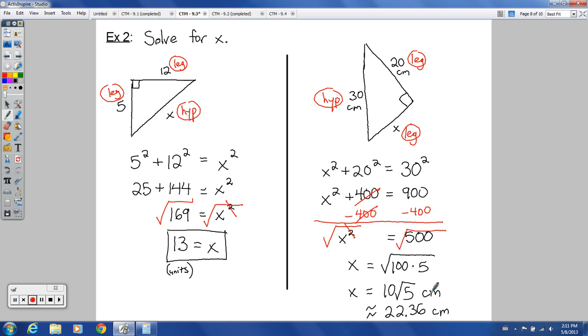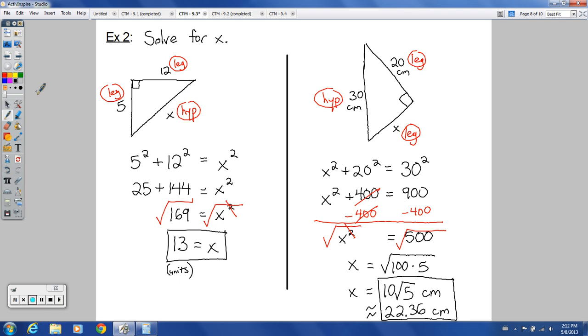So exact answer, approximate answer. Again, it depends on what they ask for. If it says you can approximate, or it doesn't say at all, something like this would be fine. But if it says give an exact answer, you would leave the radical in there and do simplified radical form. So that's the Pythagorean theorem, a quick synopsis of that.